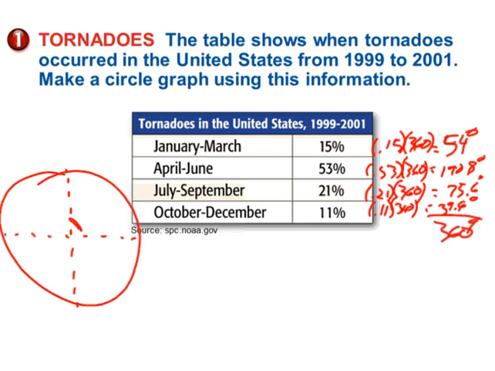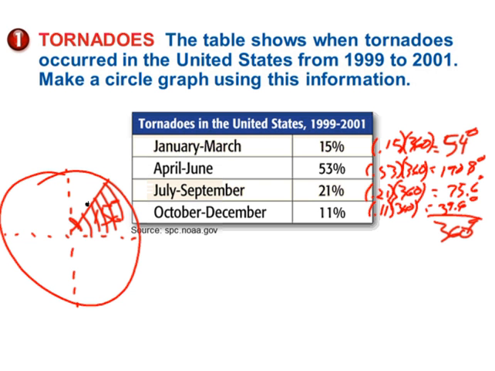So I'm going to start with the first one, 54 degrees. It's a little bit less than 2/3 of that first quadrant. And that would be this area, which would of course represent 15% of the tornadoes. The next area, I'm going to start right here and go another 190 degrees.